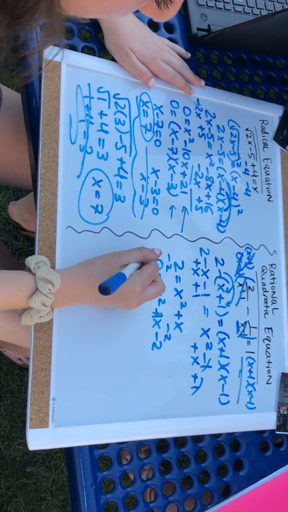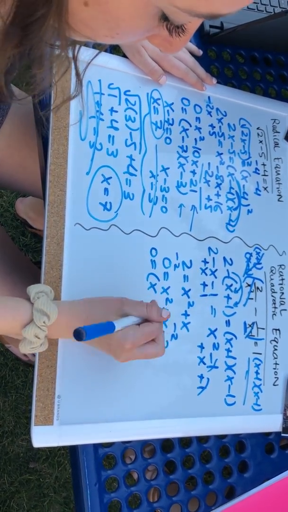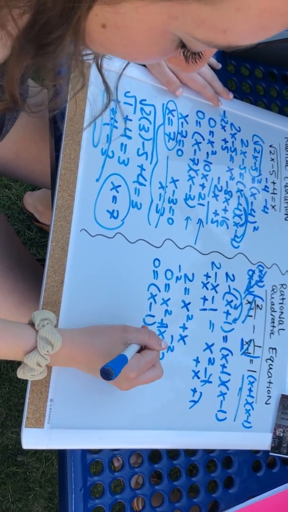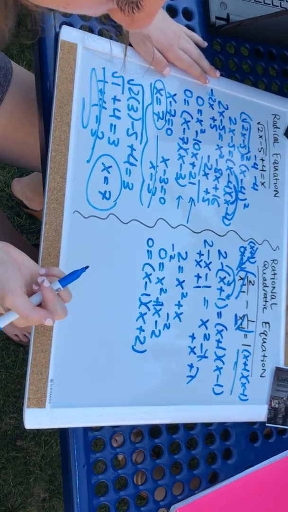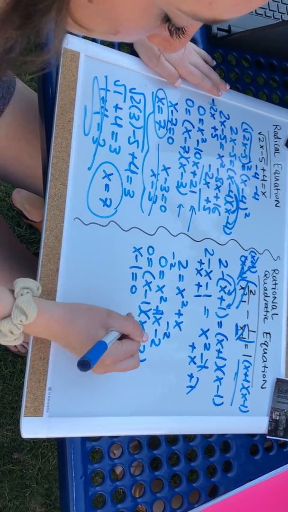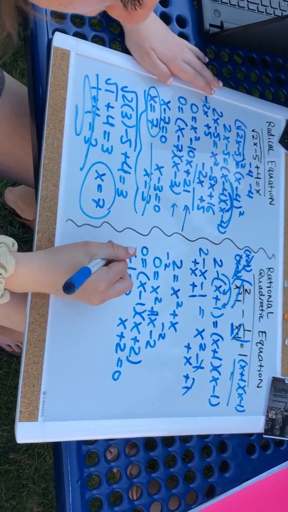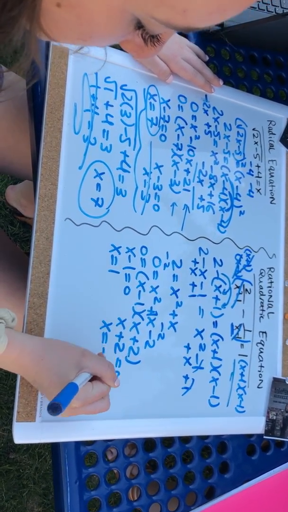So that's how it's going to work. We're going to do 0 equals x minus 1 times x plus 2. And so we've got this, and now we're going to set those equal to 0. x minus 1 equals 0, and x plus 2 equals 0. And then we're going to solve. x equals 1, and x equals negative 2.